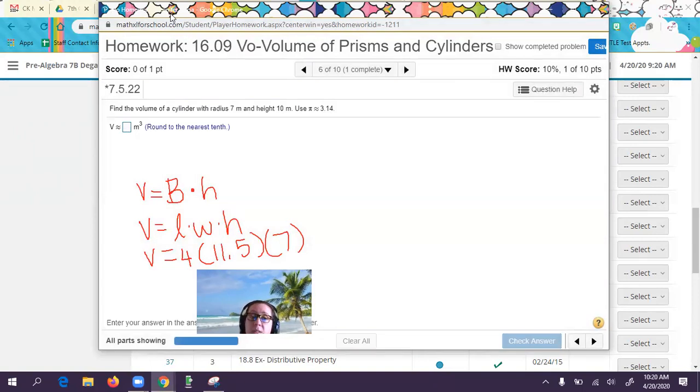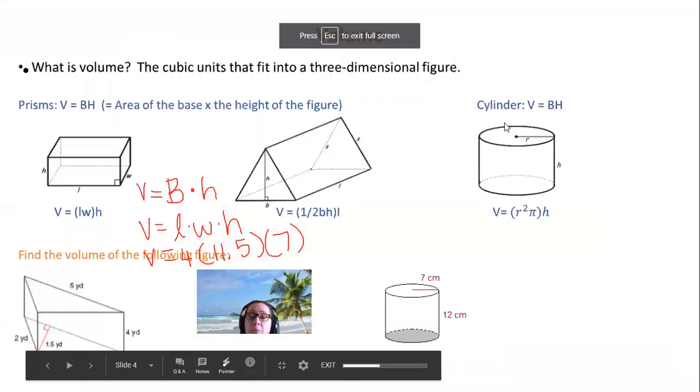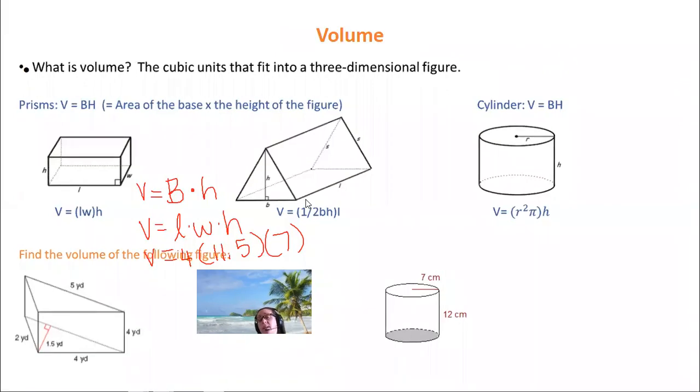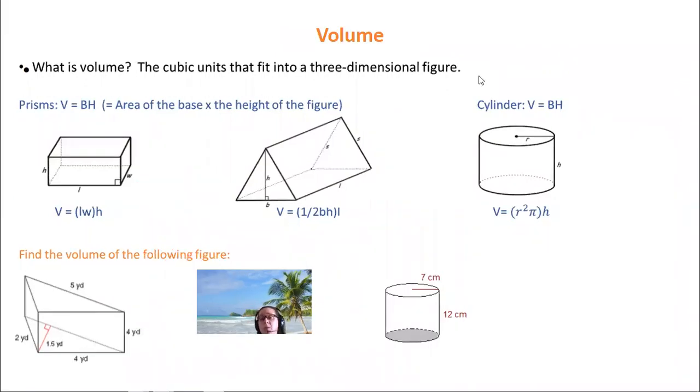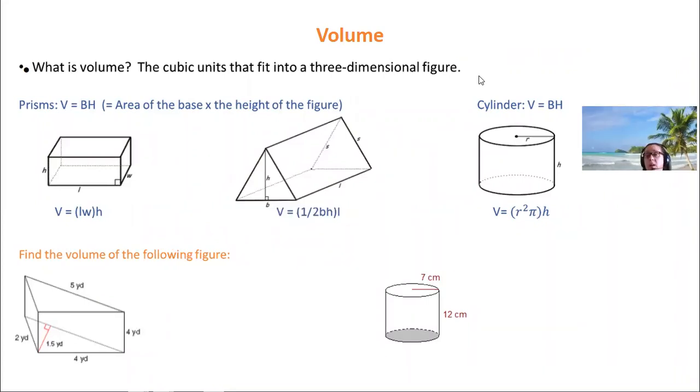Okay. So that's what's really cool with prisms, is that all you're doing is you're multiplying all of the numbers together in any order. Now, what's tricky with this next figure here, what is this next figure called? What is that?